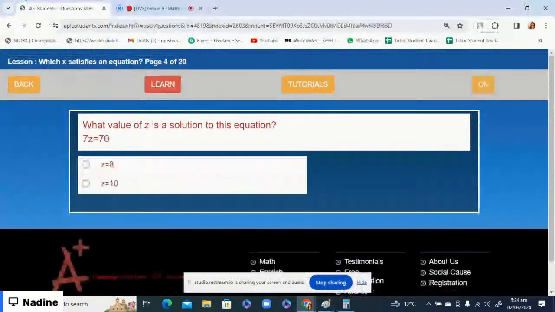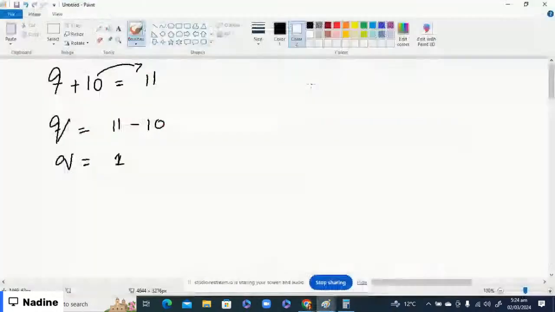Okay, let's solve that next. 7z is equals to 70. Now here 7 is multiplied with the z. When it's moved from left to right side, what does it become?